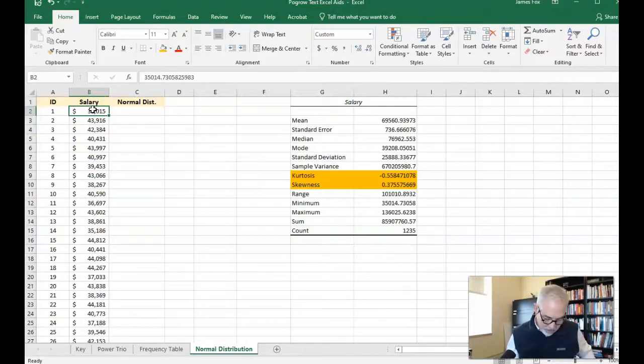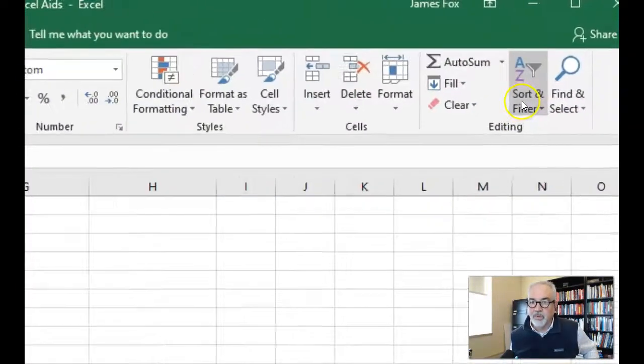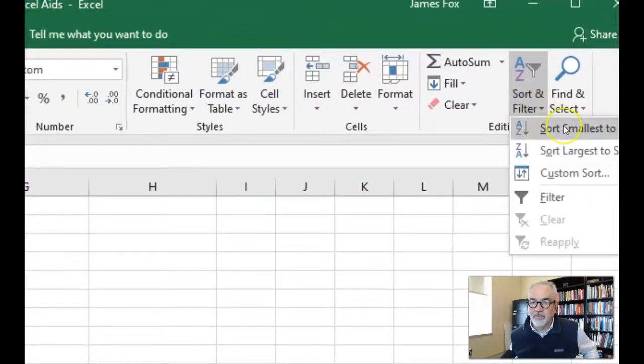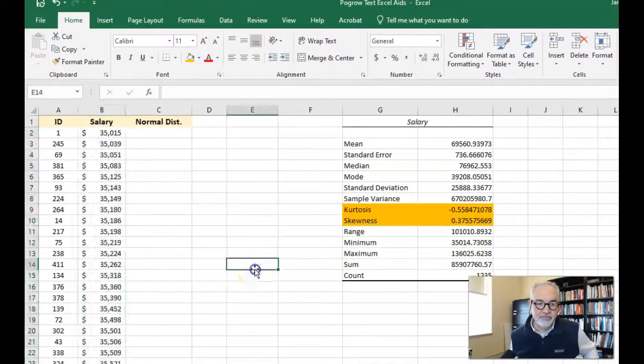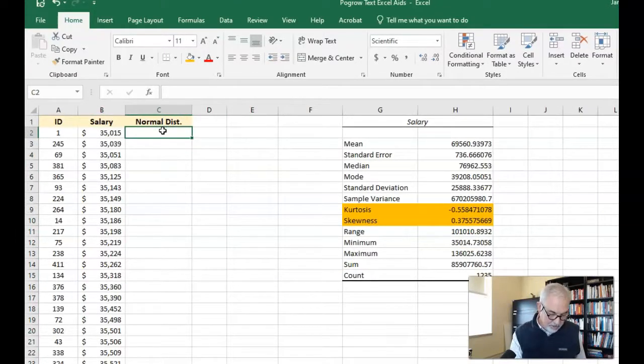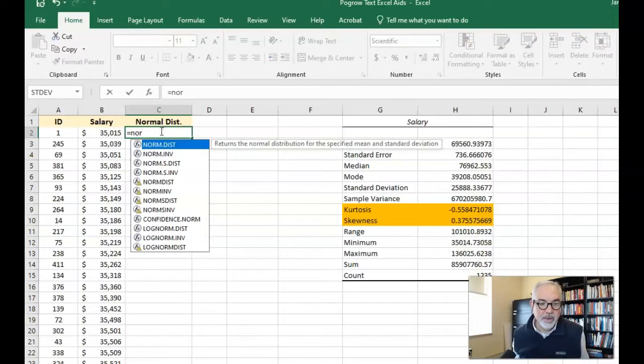So Control Shift down arrow. I'm going to go over to Sort and Filter and go from smallest to largest. I'll expand the selection. And then to do the normal distribution, we do equal NOR, and it's right at the top there.